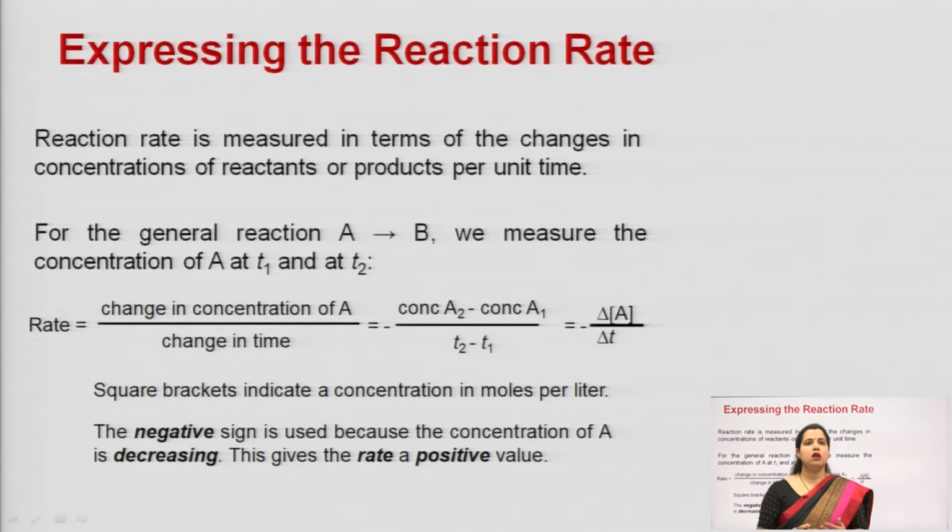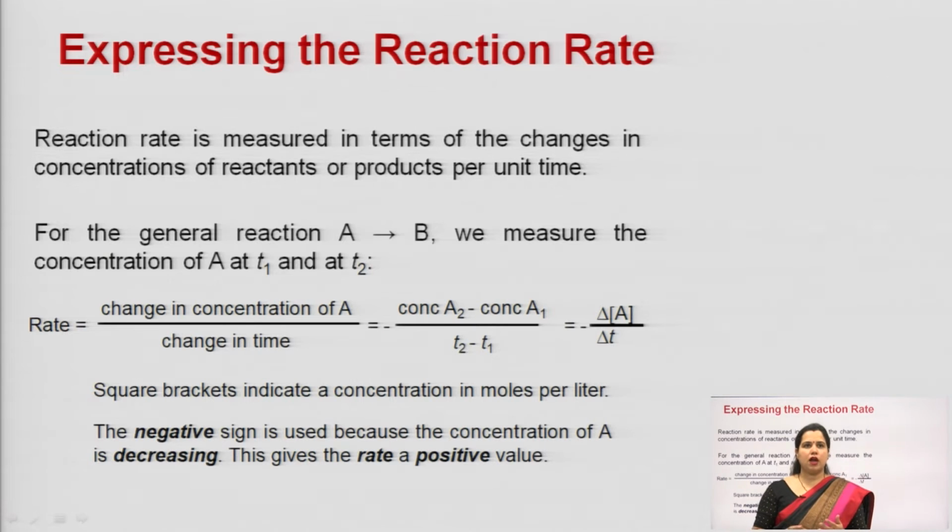So, reaction rate is measured in terms of the change in concentration of reactants or products per unit time. If we say that in 1 hour, the two reactants or substrates interact to give the desired product, like A plus B gives C, that is the product.